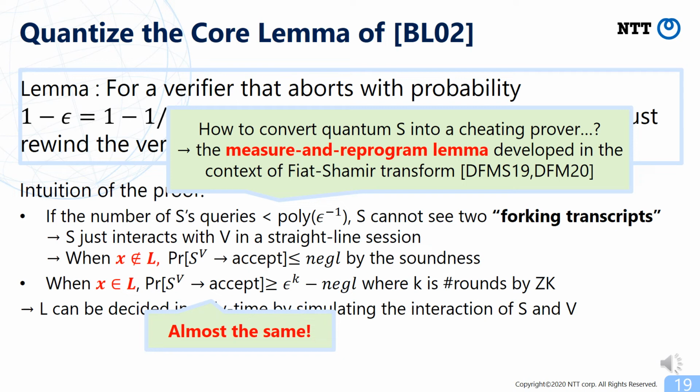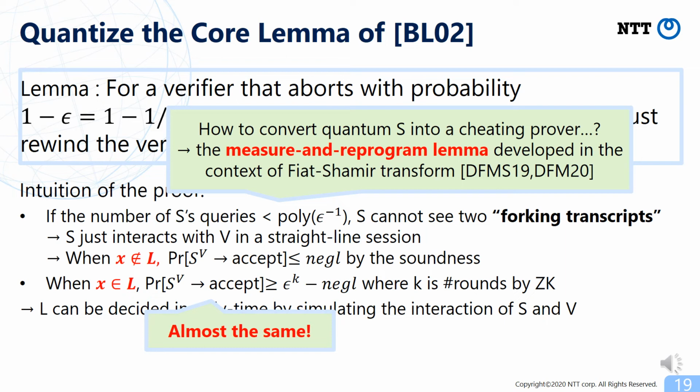the classical case, we embedded the real verifier's messages into responses to simulated queries. However, now we are considering quantum simulators that make quantum queries. In that case, it is non-trivial how to embed classical messages into such quantum queries.